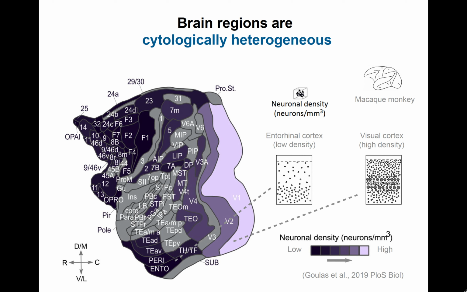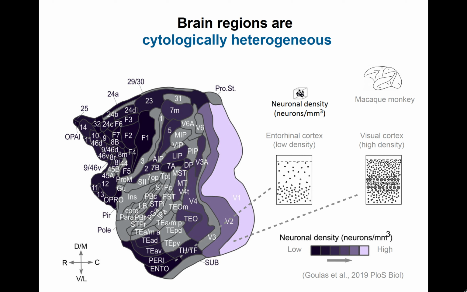And these changes can be quantified in different species by using the so-called neural density. This simply means, given a cubic millimeter of cortex, we count how many cells inhabit this cubic millimeter. And if we do that in the macaque monkey, we see that we have these spatially ordered gradients of cytological heterogeneity.